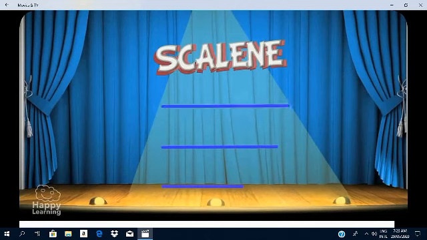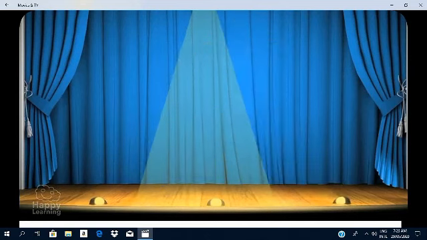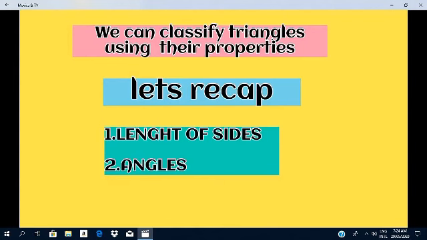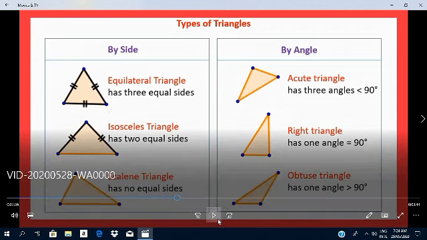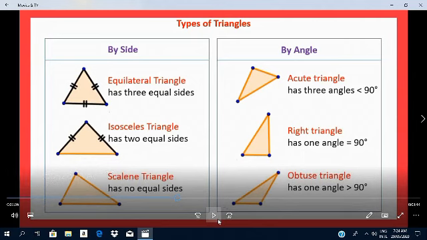Now, I'll be able to teach these types of triangles using the length of sides. I will also be doing that using the amount of angles in them. So take note. Now, on your screen, you have equilateral triangle, three sides are equal. Isosceles triangle, two sides are equal. Scalene triangle, none of the sides are equal.